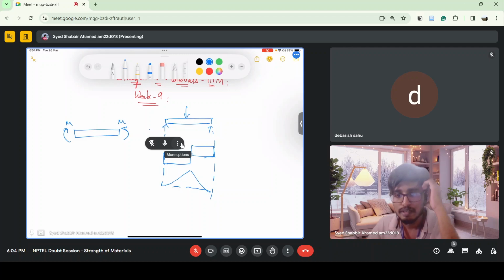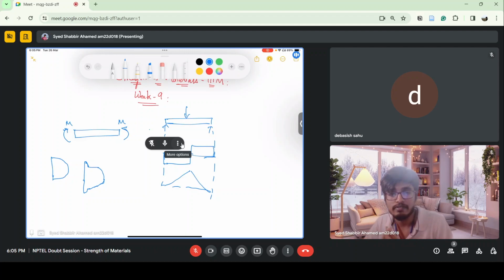We saw how we developed an expression for shear stresses along the depth of the section. We have seen that it is parabolic for a rectangular section, and if there is an I section, it is parabolic, and there is a sudden jump like this due to the reduction in depth in the web.